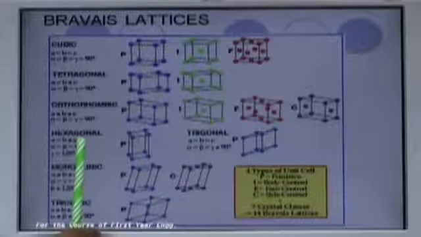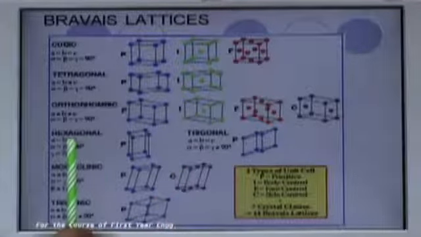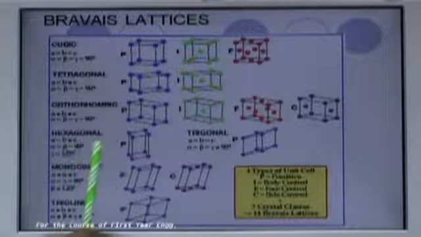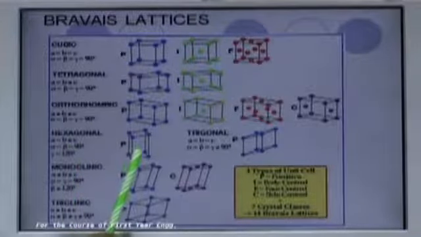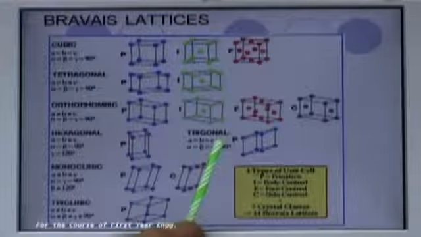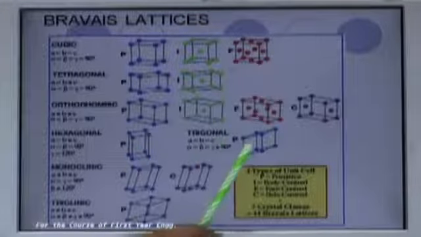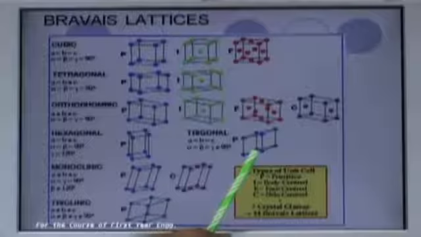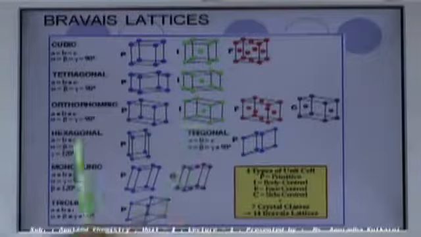Then next is hexagonal. Here the angle and length parameters are given. For hexagonal system, only one type of unit cell, that is primitive, is possible. Then is trigonal. For trigonal also only one type of unit cell is possible.